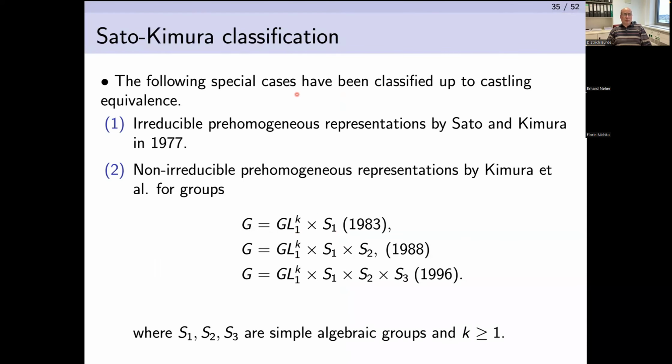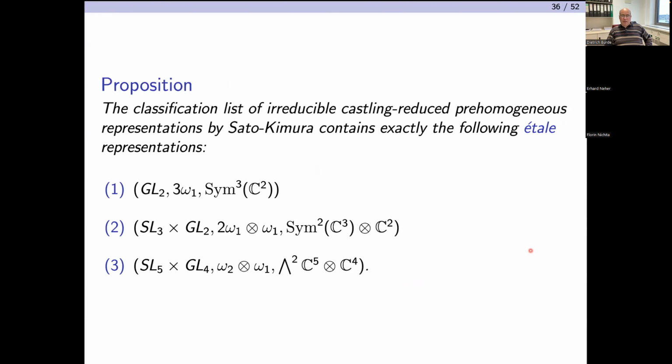And then you see that these people have classified this according to whether the prehomogeneous representation is irreducible or not; if it's not, you have a problem with the number of factors, and they were only able to classify it with at most 3 simple factors, and after that they gave up because it's too hard. But at least you can use something of it, and that's what we did.